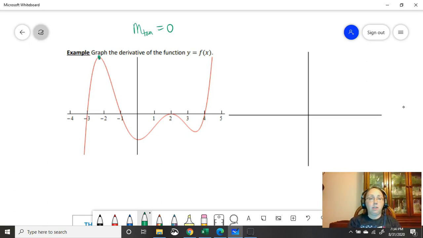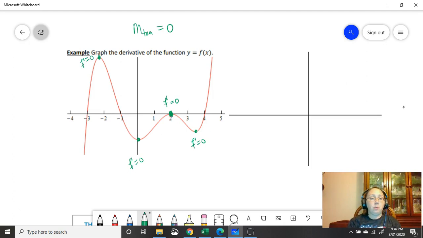So here we have a peak, and here we have a peak. So at these points, the derivative, the slope of the tangent line, is 0. Also at the valleys, so somewhere around here and here, the derivative is equal to 0, because these would have horizontal tangent lines. All right, let's start with that.